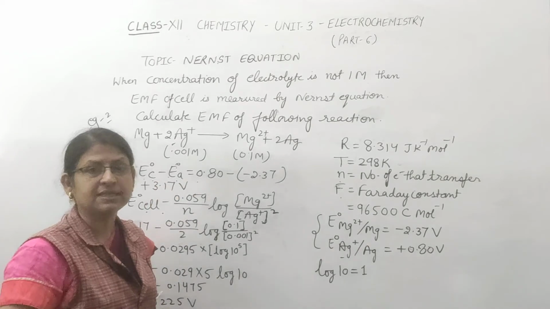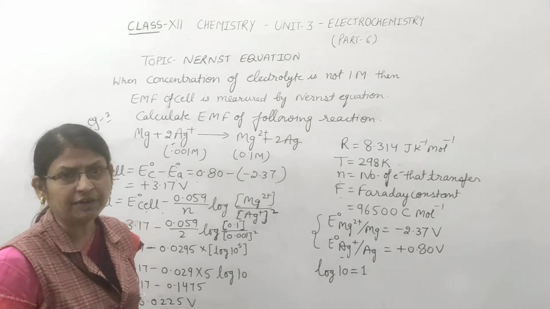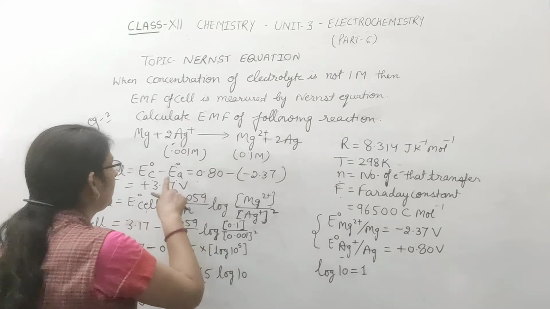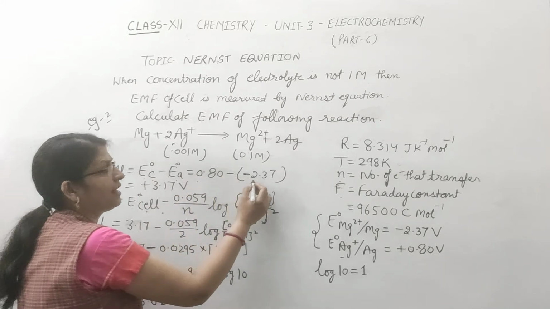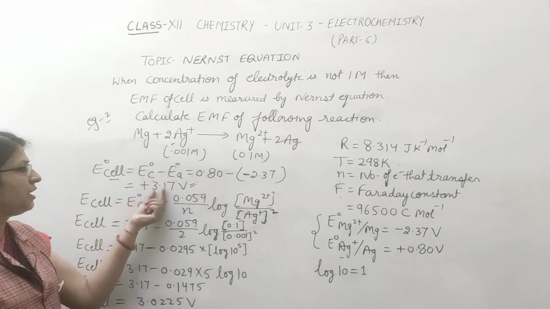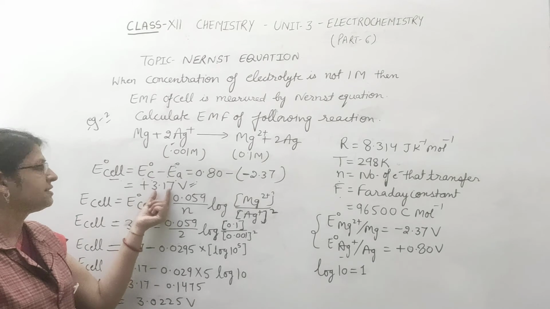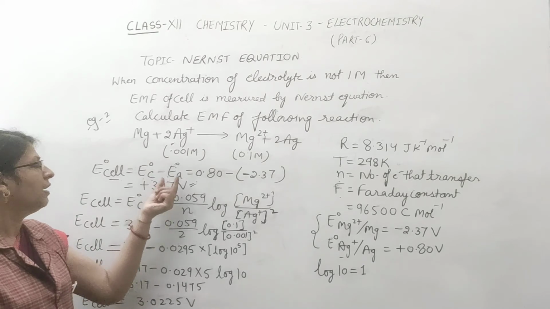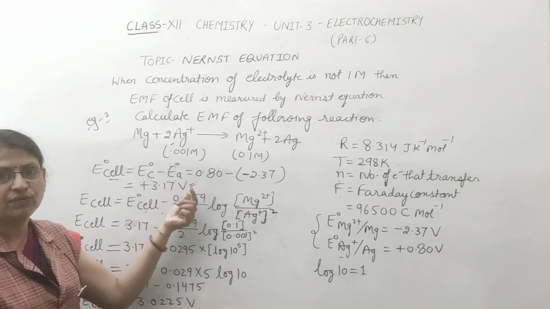The cathode is silver because it is less active, and magnesium is more active, so it forms the anode. E naught cell is 0.80 minus (minus 2.37), and after calculation you get plus 3.17 volt. Clear? The standard E naught cell is plus 3.17 volt.